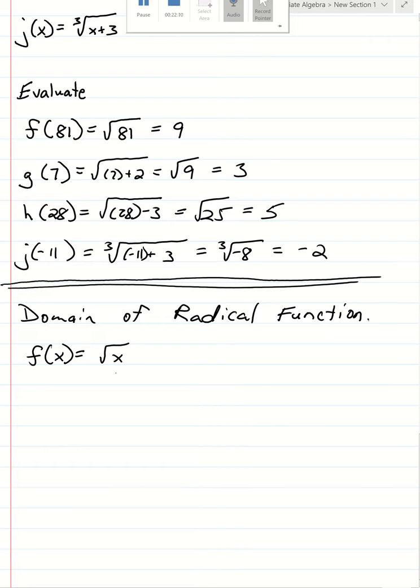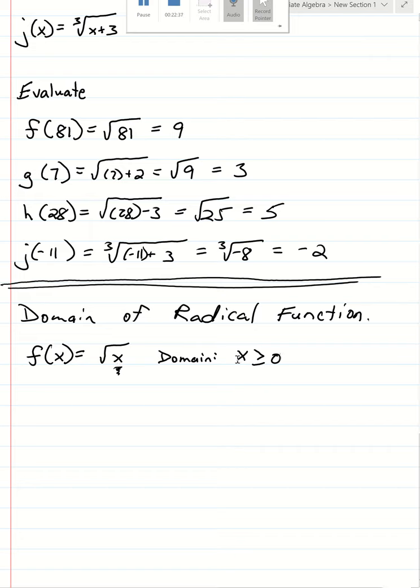Now here, the radicand, as we've been talking about, has to be a positive number. So in terms of the domain, what we're going to want to say is that x has to be greater than or equal to 0. 0 is the first real number that we can take the square root of, because the square root of 0 is 0.